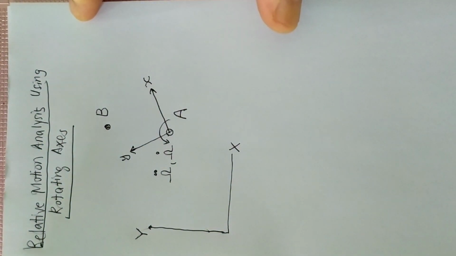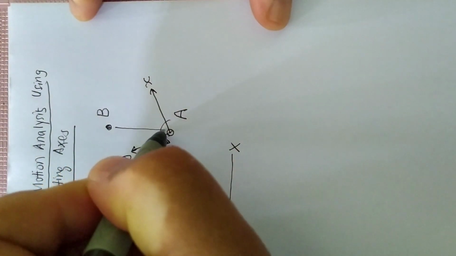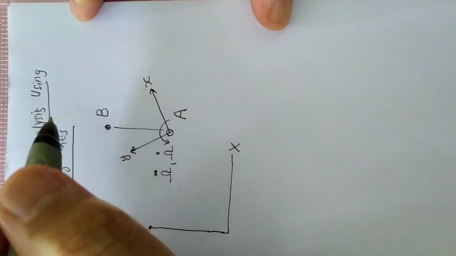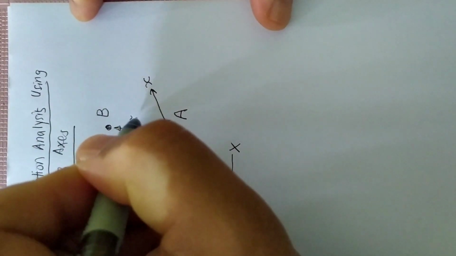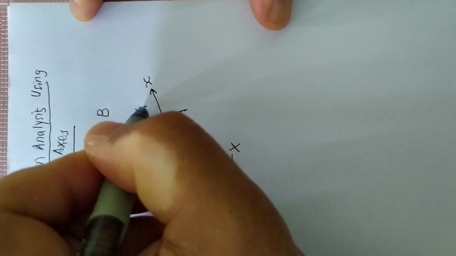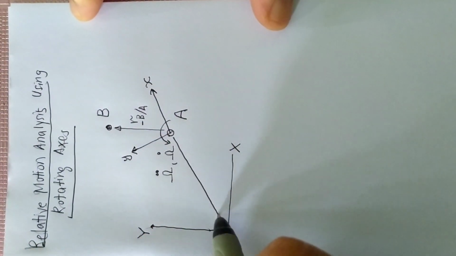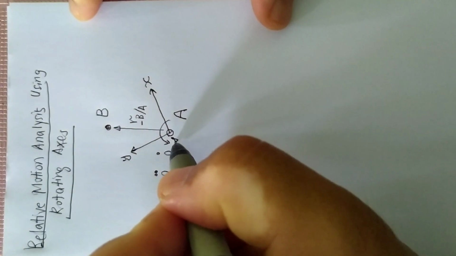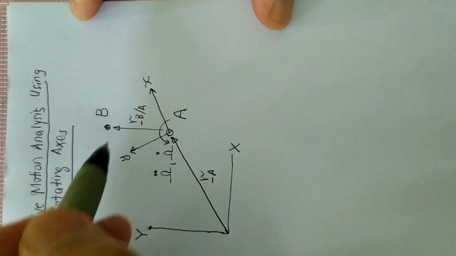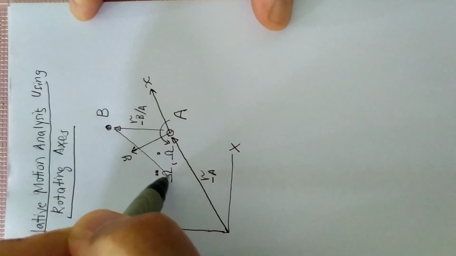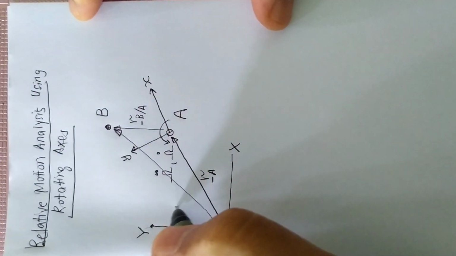So we can now map out the relative position vector B relative to A, this is position vector A, and of course the long arrow is the position vector B.